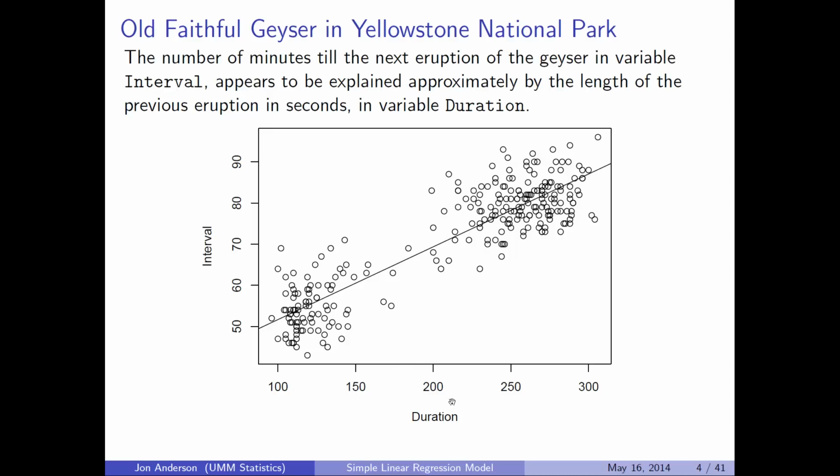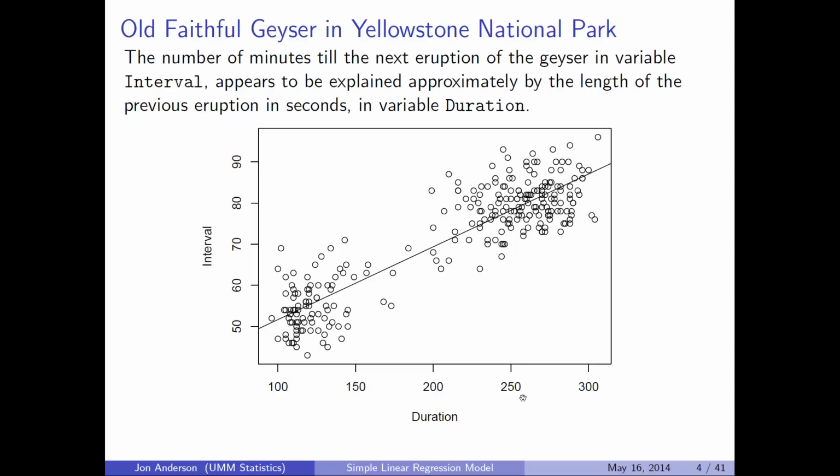So 200 would mean the previous eruption was 200 seconds long. And interval measures the number of minutes it takes for the next eruption to occur if the last eruption was, say, 200 or 250 seconds.